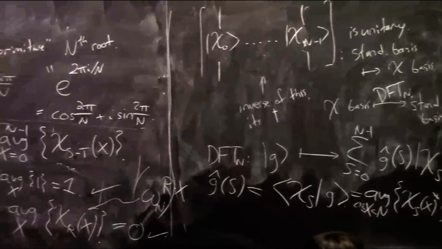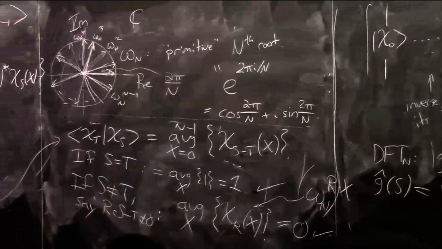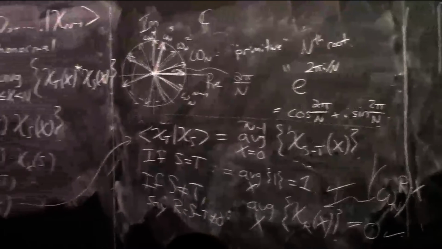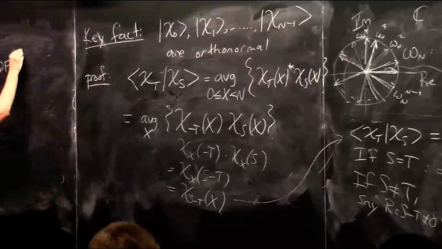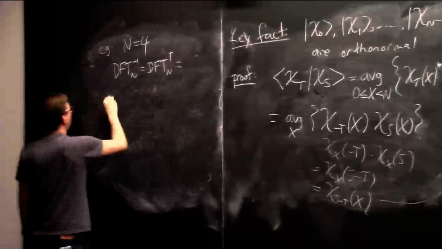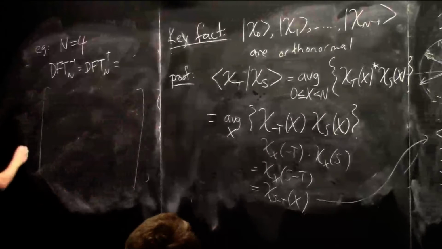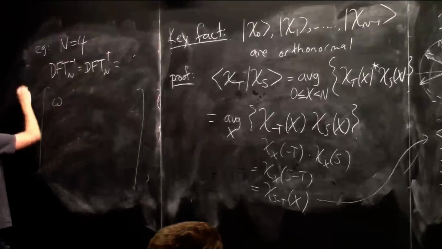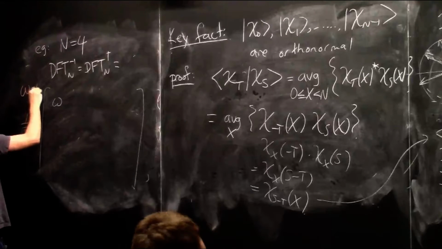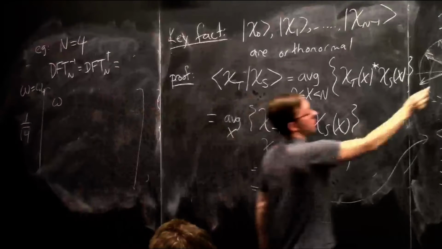When capital N is 4, then we have a 4 by 4 matrix. And this inverse Fourier transform is 4 by 4, and it has a 1 over root 4 out here, and omega is omega sub 4, the 4th root of unity, which is actually i.